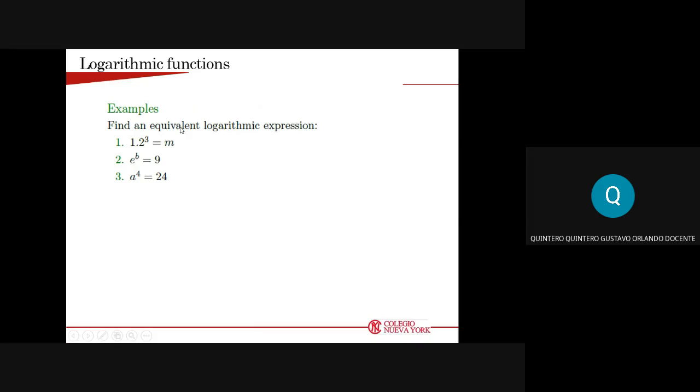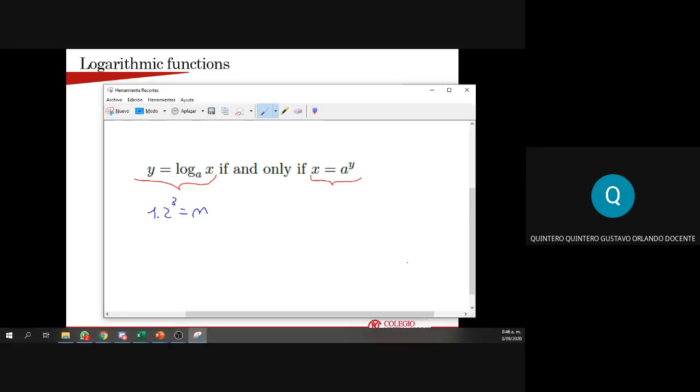We're going to find equivalent logarithmic expressions to the first one. So we want to change this expression, which is clearly an exponential. How do we know? Simple. Because it has an exponent. So it is an exponential. It's that simple.